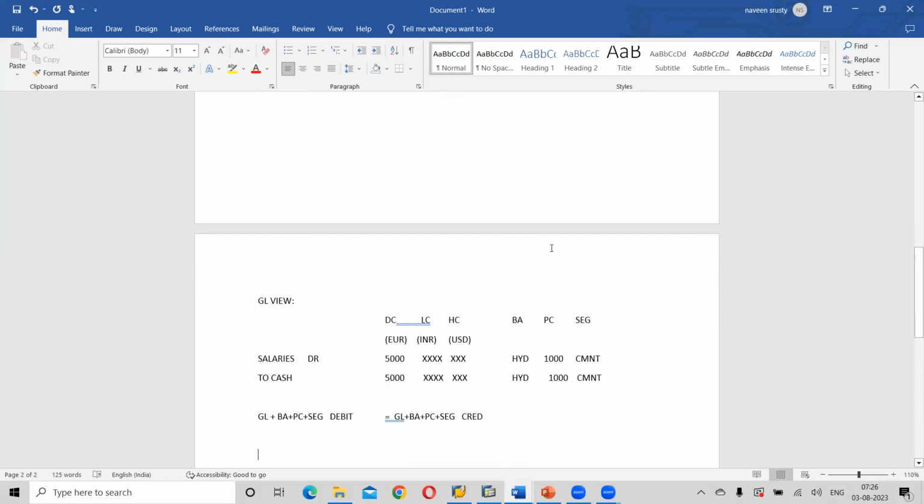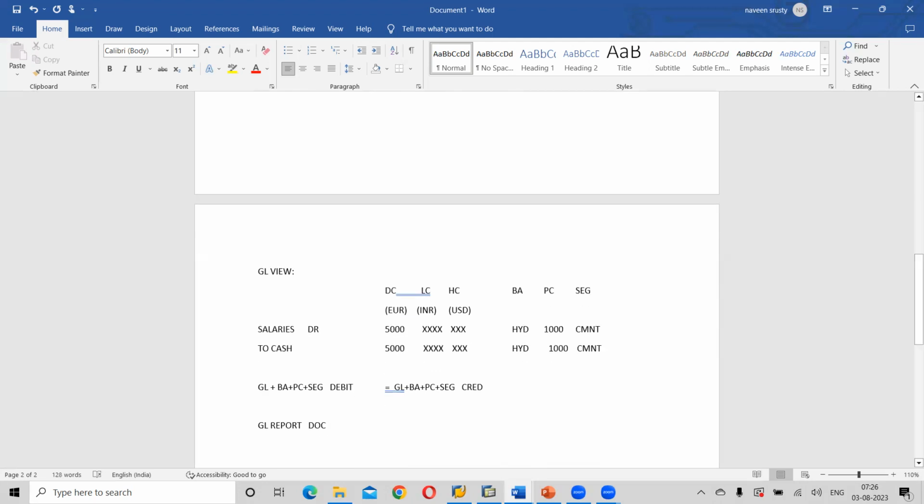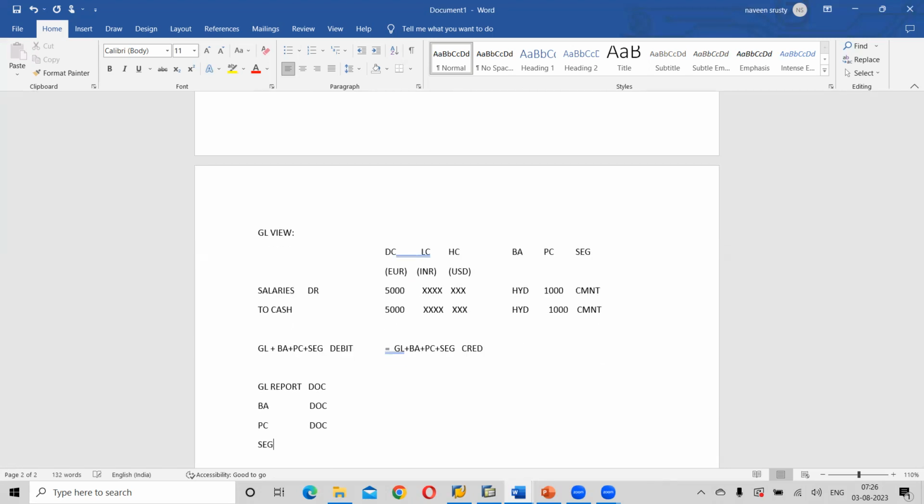It will show the GL report with document currency, the business area report with document currency, the profit center report with document currency, and the segment report with document currency.